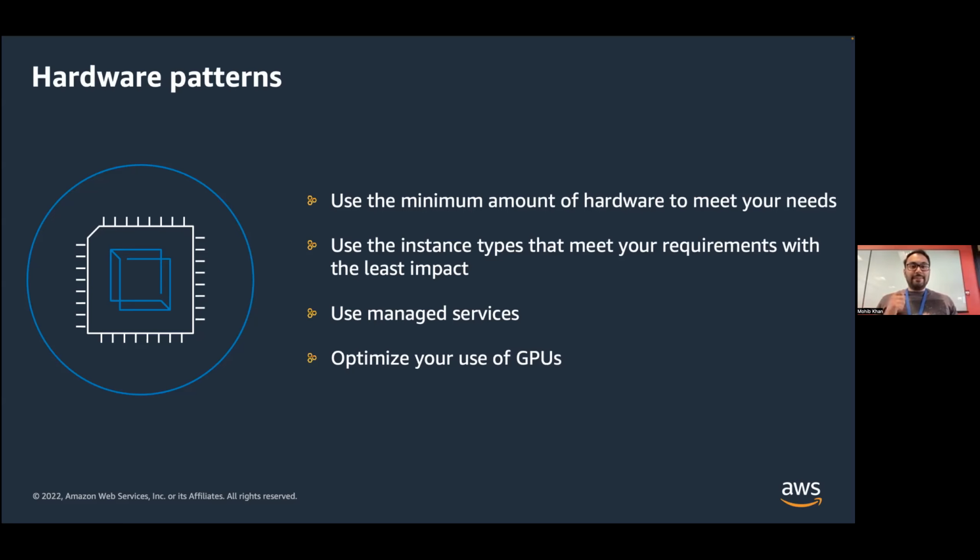So use the minimum amount of hardware to meet your needs, and configure the auto-scaling capabilities on the cloud, and use the right instance types. As I mentioned, we have more than 470 instance types. Use the one that meets your requirements with the least impact. And then the other general recommendation is not only the right ratio between compute and memory, it also depends on whether you really need GPUs.